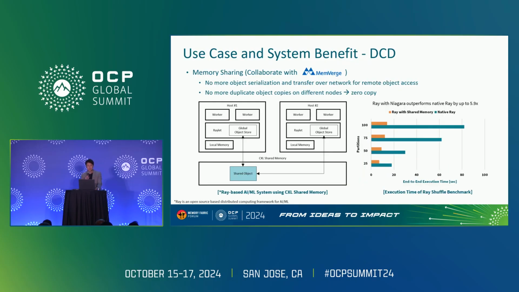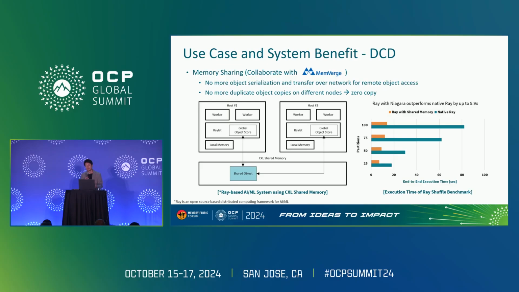All right. This is the second use case, memory sharing. We have modified Ray, an open source distributed computing framework for AI/ML, enabling multiple hosts to share objects within the CXL memory device.